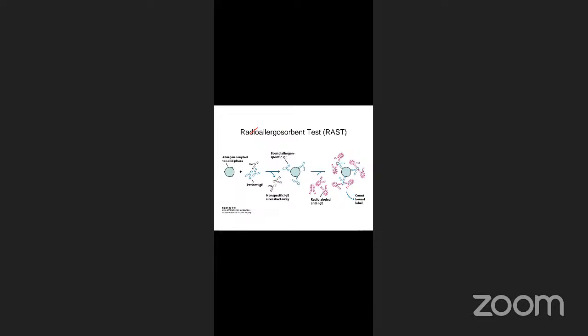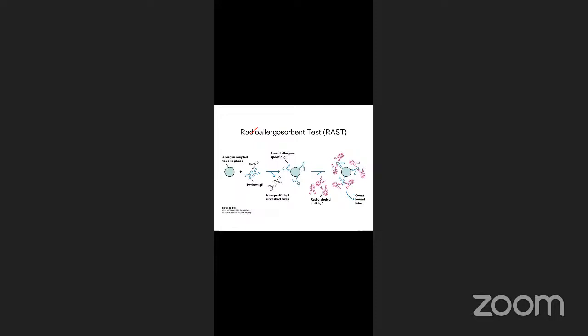Another drug is theophylline, which also treats type 1 hypersensitivity reaction. Epinephrine is also given as a drug for type 1 hypersensitivity.